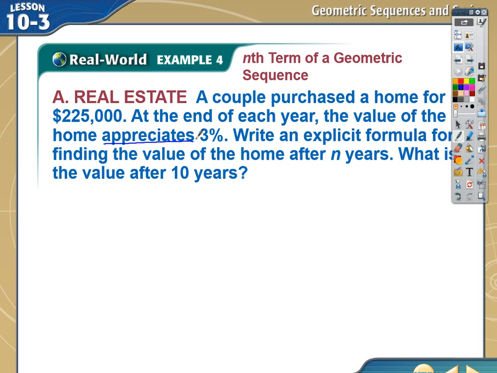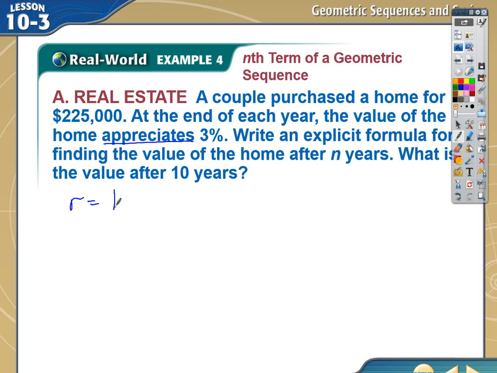So in this geometric sequence, at the end of every year, I multiply by 0.03 and add that value on. If you remember from Algebra 2 about interest rates, how do I find the R value? When it appreciates, my R value always starts at 1, which stands for 100%.